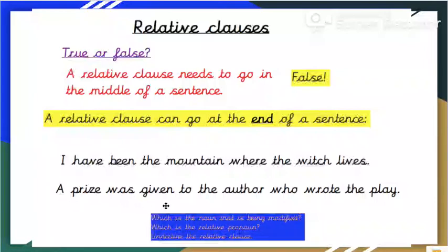A prize was given to the author who wrote the play. So here we've got our main clause, a prize was given to the author. That's our main clause, the part that makes sense on its own. This is the noun that I'm modifying, and who is the relative pronoun. So who wrote the play is my relative clause. So in both of these examples, the relative clauses come at the end.